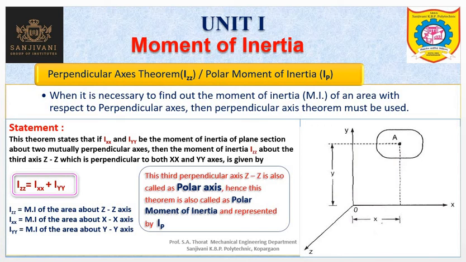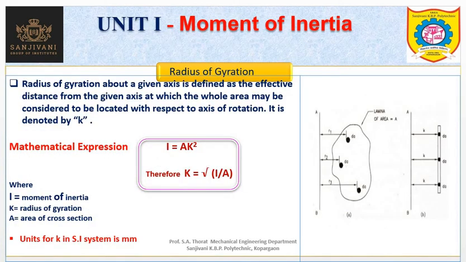Now we will see a very important concept from moment of inertia, that is radius of gyration. Radius of gyration about any given axis is defined as the effective distance from the given axis at which the whole area is supposed to be concentrated. Now see, this is the total area and this is the axis of rotation.